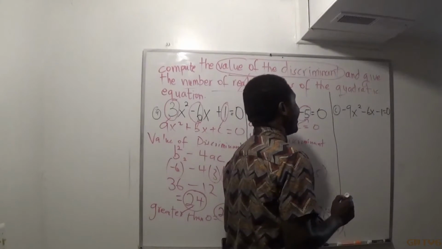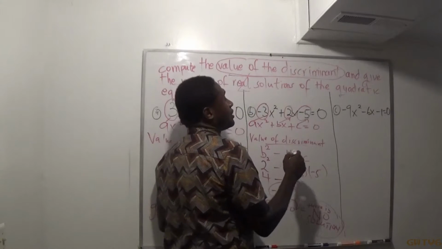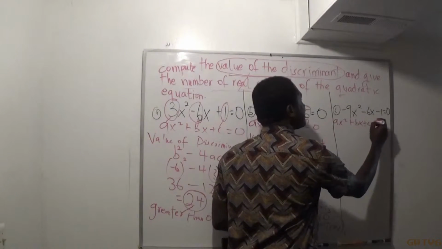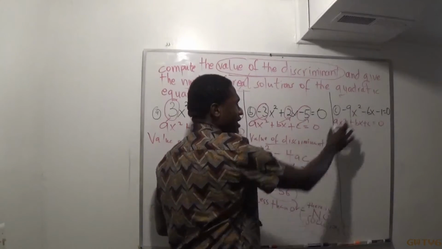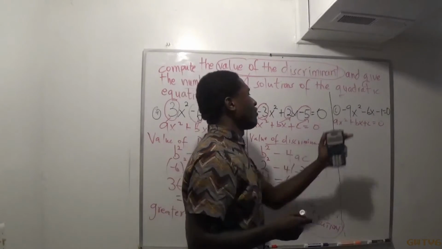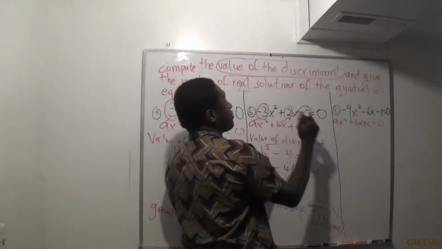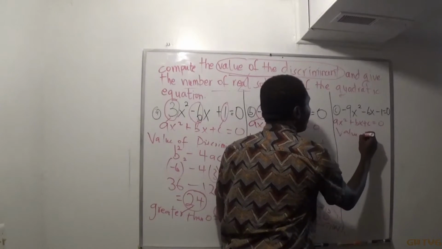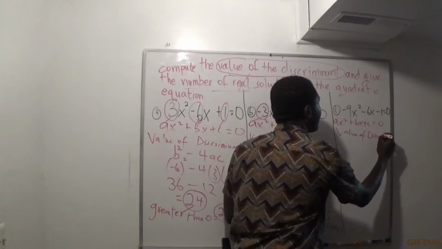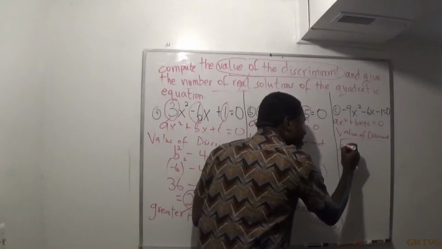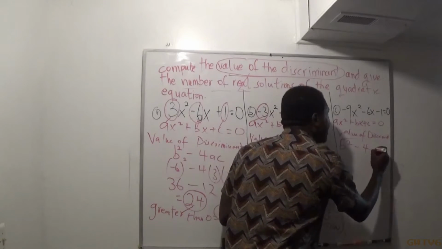Let me do this last one right here too. I gotta make sure it's in the form ax squared plus bx plus c equals 0. And it is in that form, so I don't have to change it. To figure out the value of the discriminant, again, the formula is positive b squared minus 4ac.